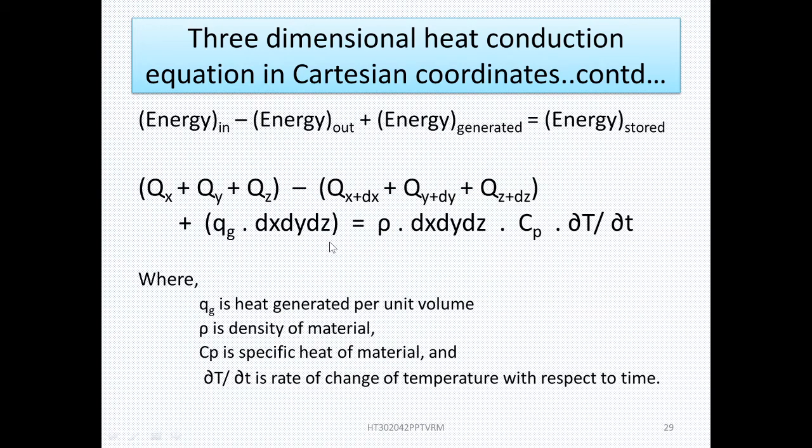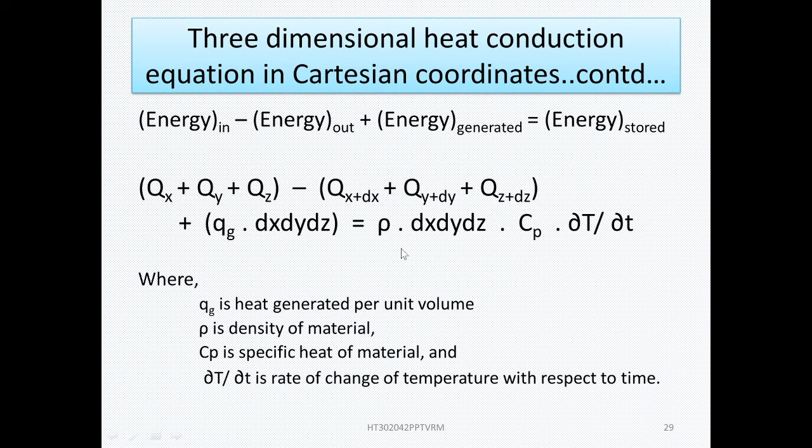Now what is qg? Here you can see qg is heat generated per unit volume. So if qg is heat generated per unit volume, we have multiplied it with the total volume of the cube, which is dx, dy, dz. This will give you the total energy generated inside the cube. Then energy stored, the RHS part of the equation, is nothing but rho, the density, into dx, dy, dz, the volume.